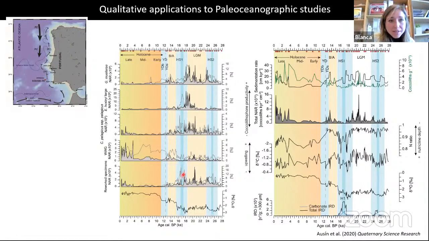So what you see here, this gray line, is the relative abundance, whereas what you see here in the solid gray plot is the absolute abundance. So absolute abundance is higher during the last glacial maximum, but they become more important, or they represent a higher percentage, during Greenland stadials.